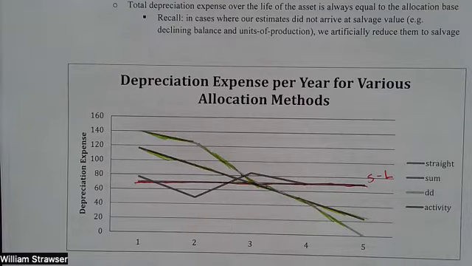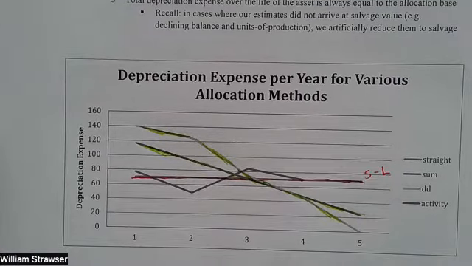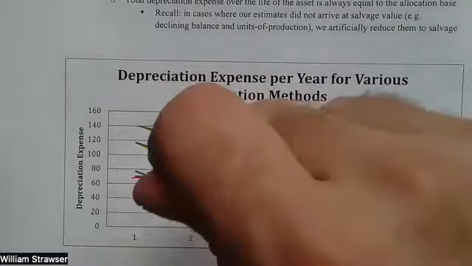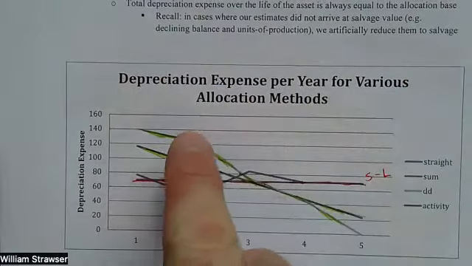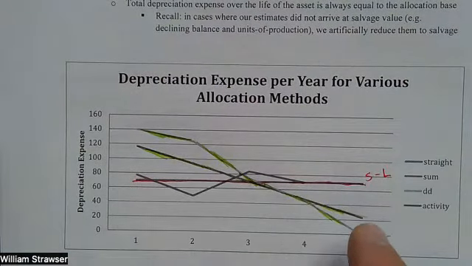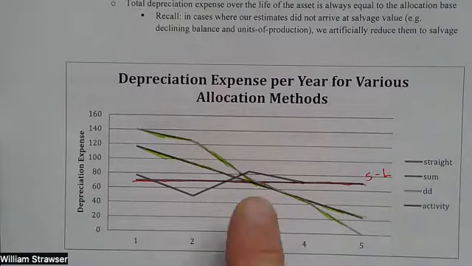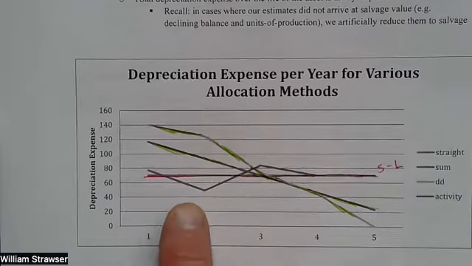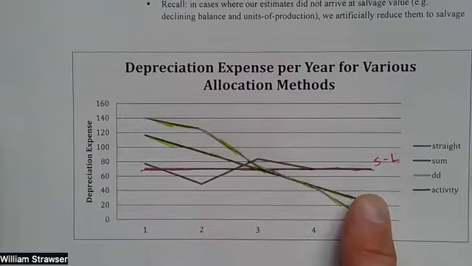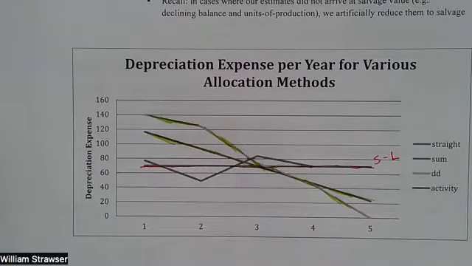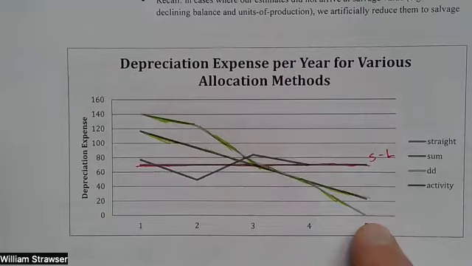The reason why accelerated methods start out high and end up lower than straight line is that, again, if the allocation base is constant, if these are all different methods applied to the same amount of money we're trying to expense over 5 years, then say, for example, we have a historical cost of 10 million, right? And we're going to expense it over 5 years.